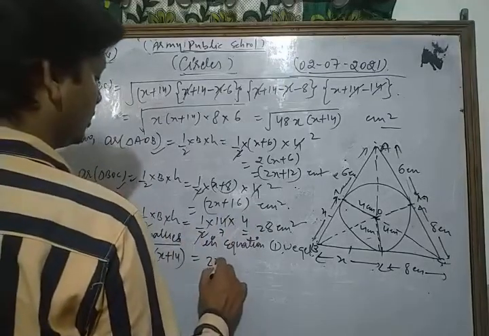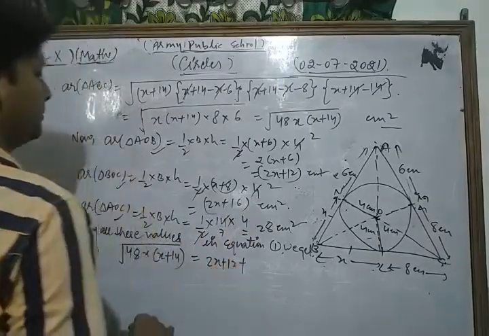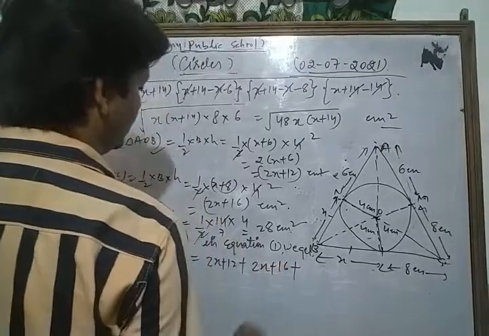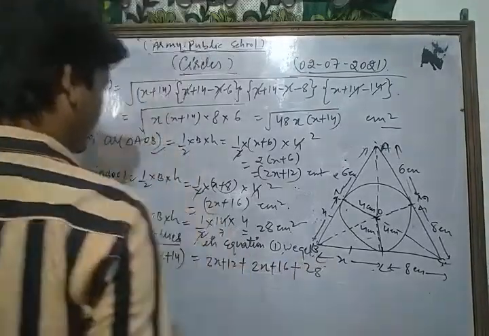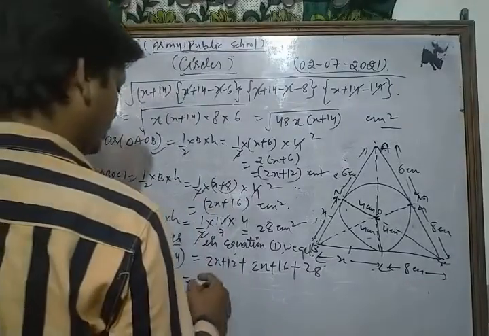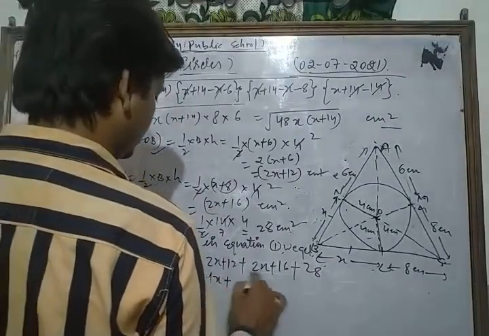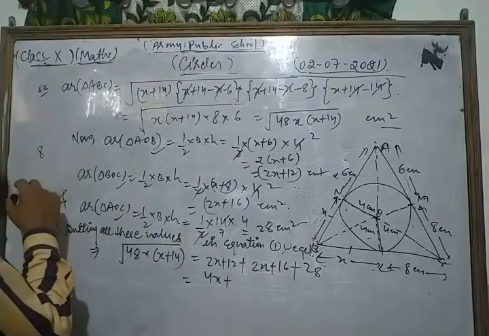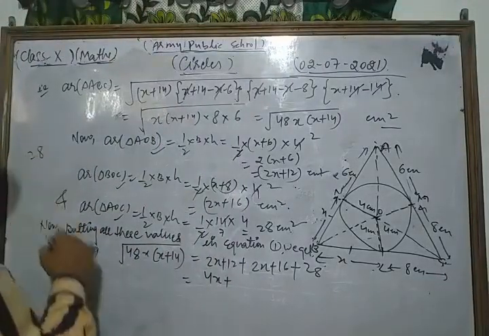Now this is 2x plus 12 plus 2x plus 16 plus 28. Now we get 4x plus 56.